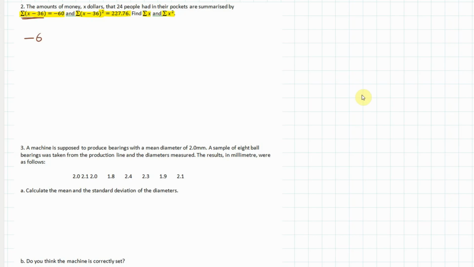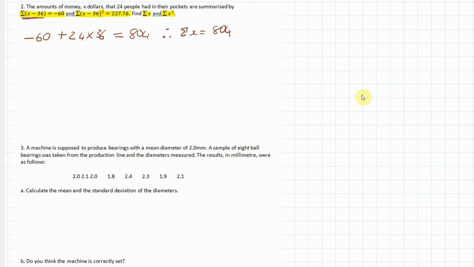So if I take that minus $60 and then I add 24 lots of 36, because I took that $36 off all 24 people, I should have the original amount of money that those people had altogether, or the sum of that. So that's what I'm going to do. 24 times 36. Okay, so altogether that's 804. So therefore, the sum of X is equal to 804.